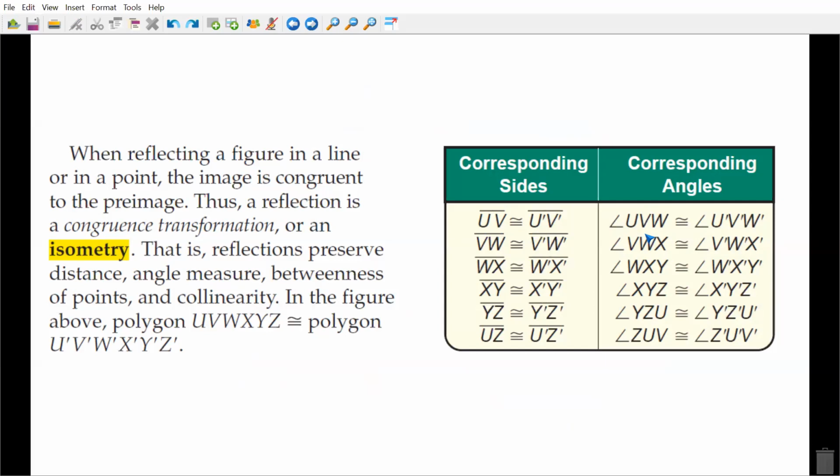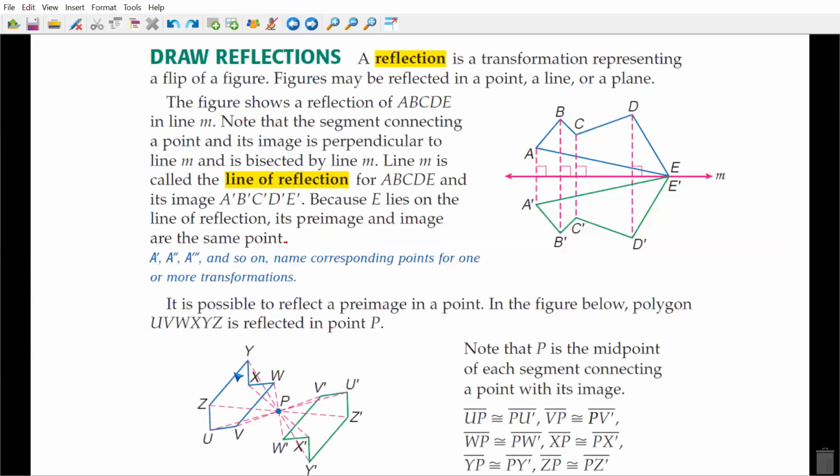In the figure above, polygon U, V, W, X, Y, Z is congruent to the other polygon. They are congruent. Yes? The same will happen over here. Polygon A, B, C, D, E has to be congruent with A prime, B prime, C prime, D prime, and E prime. Look that the lines measure exactly the same.